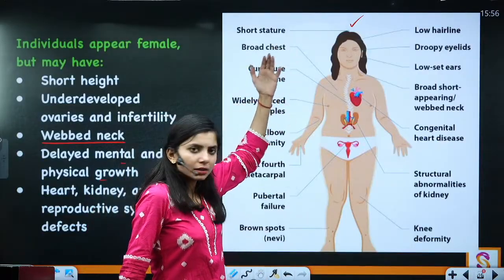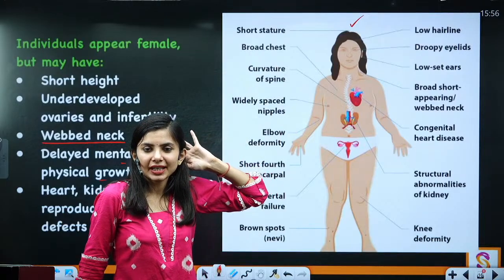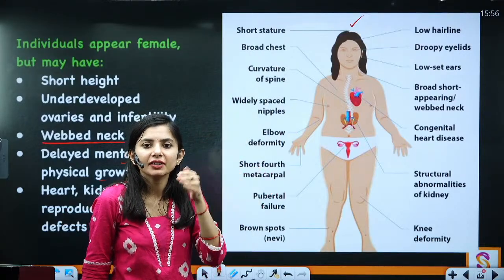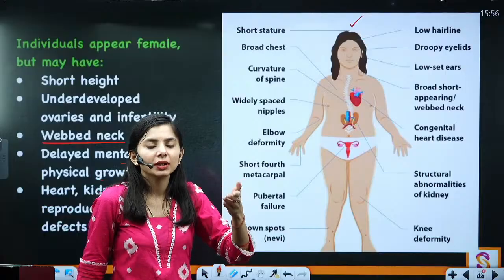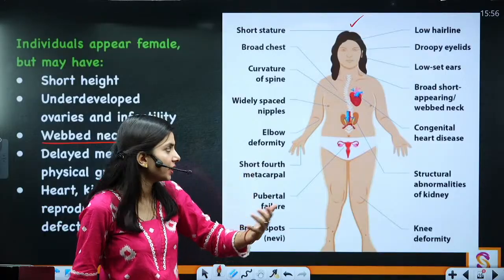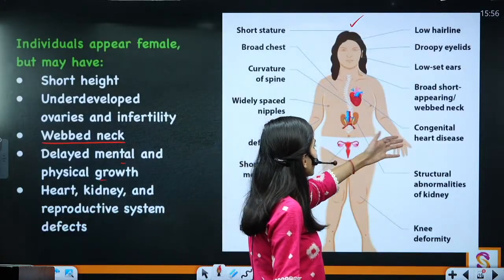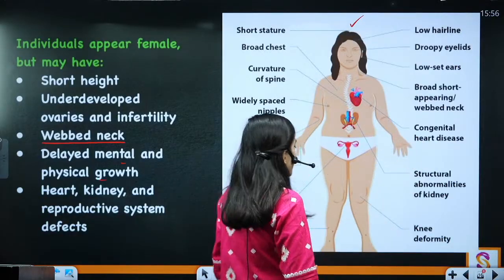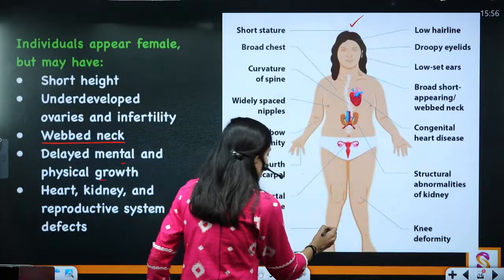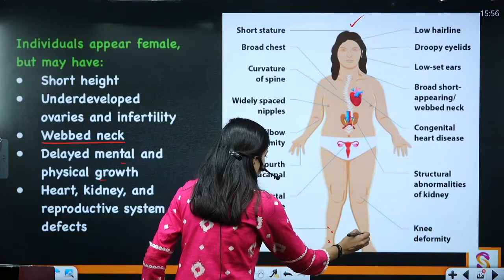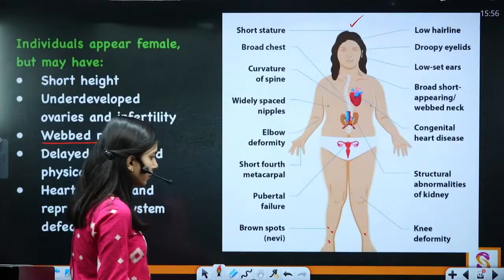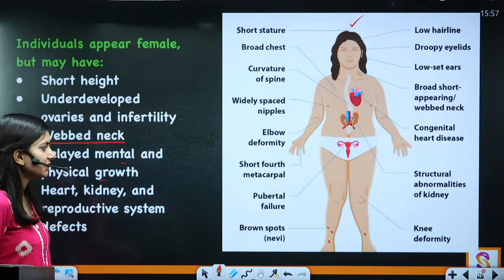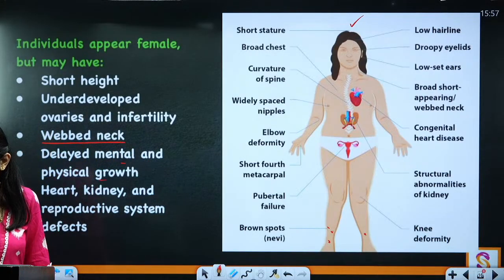Therefore, the girl is going to have difficulty in other work, as her body is not functioning properly. They may have heart disease, abnormalities of the kidney, knee deformities, and some brown spots on their legs. These types of things used to be there. I hope you can understand.